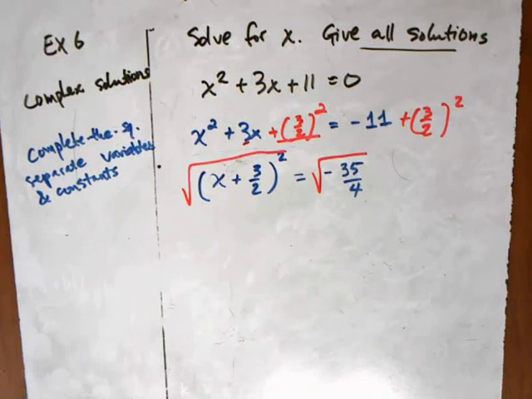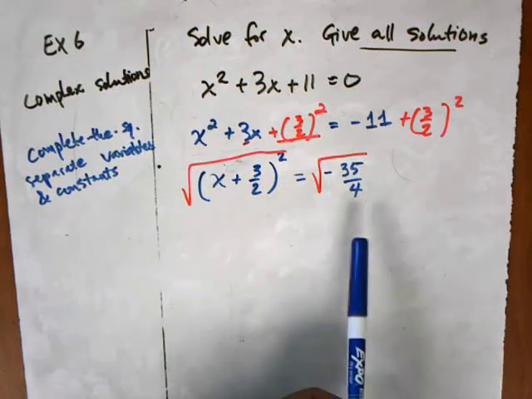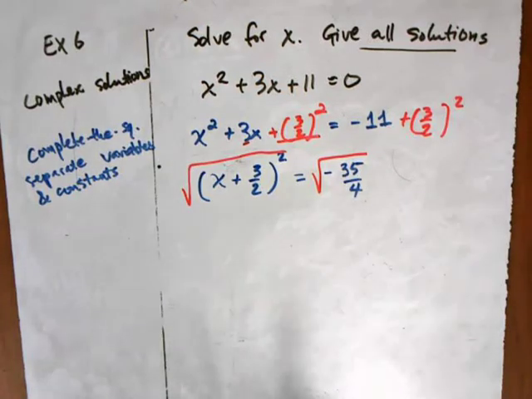Now, if you recall, back in Algebra 1 and maybe Algebra 2, at this point you would stop and say non-real answer. Well, that's true, it is a non-real answer, but now we're going to take this a step further and find out what the non-real answer is.